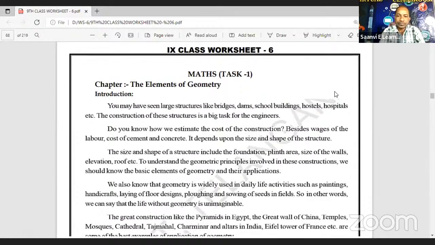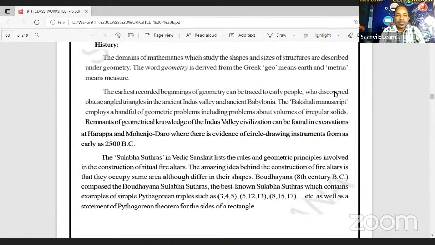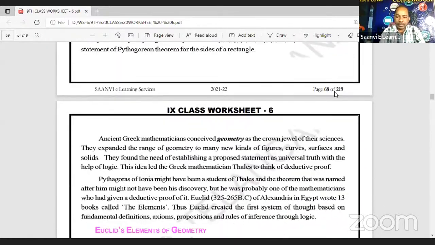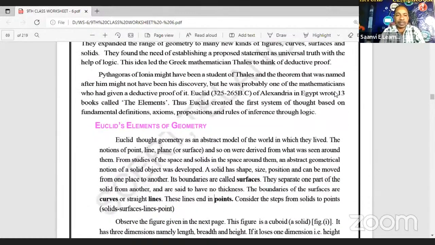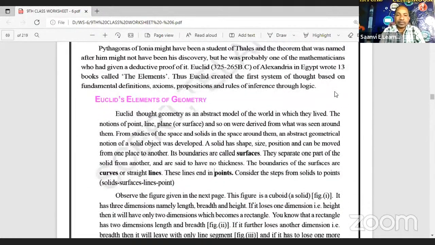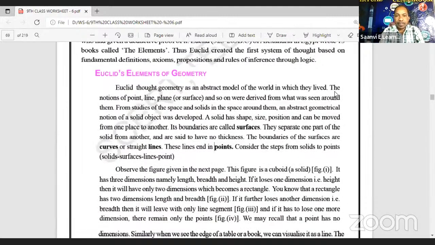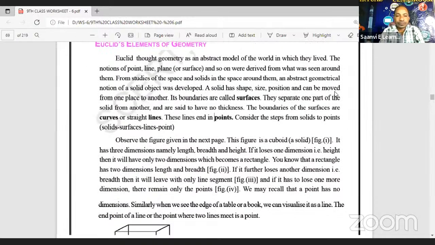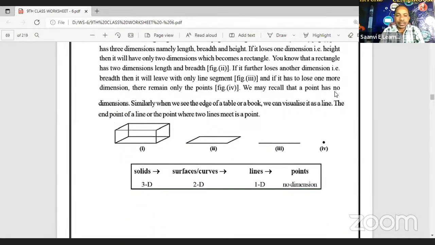Okay, children. Now, what concept did he include? Let us discuss here. See, children, observe these figures in surface area.